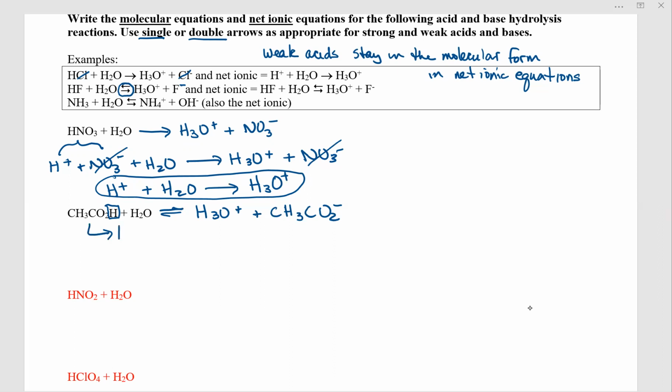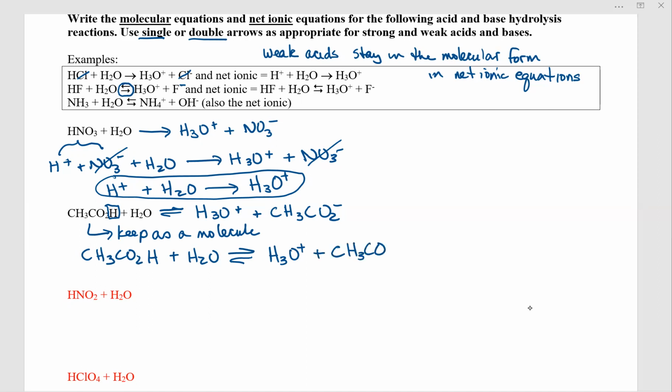We're going to keep this as a molecule, which means that our net ionic and our molecular equation end up being exactly the same thing. So we have CH3CO2H because we keep it as a molecule plus H2O is in equilibrium with the hydronium ion plus the acetate ion.